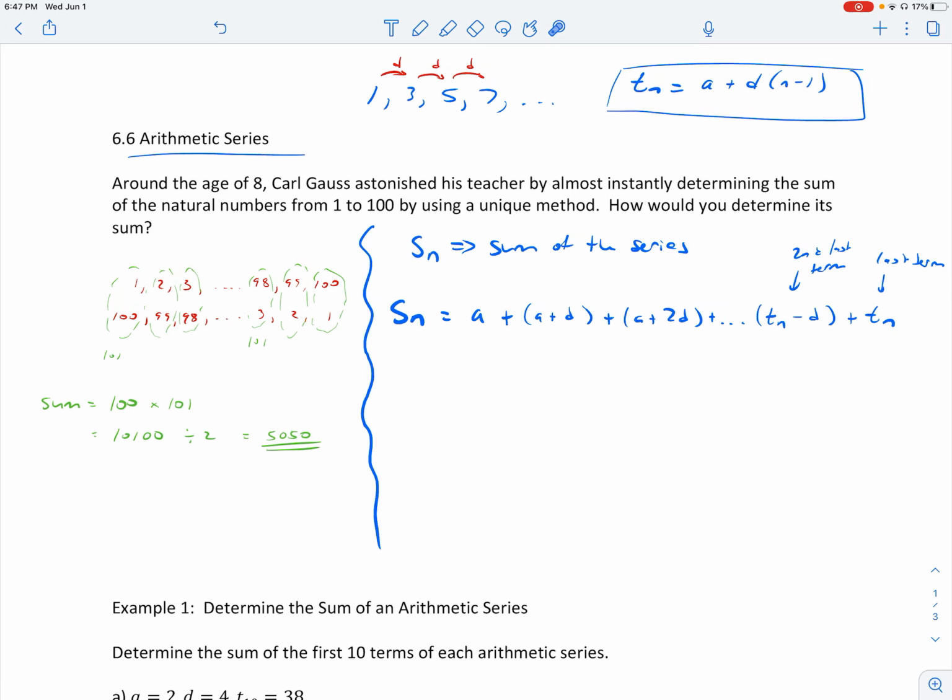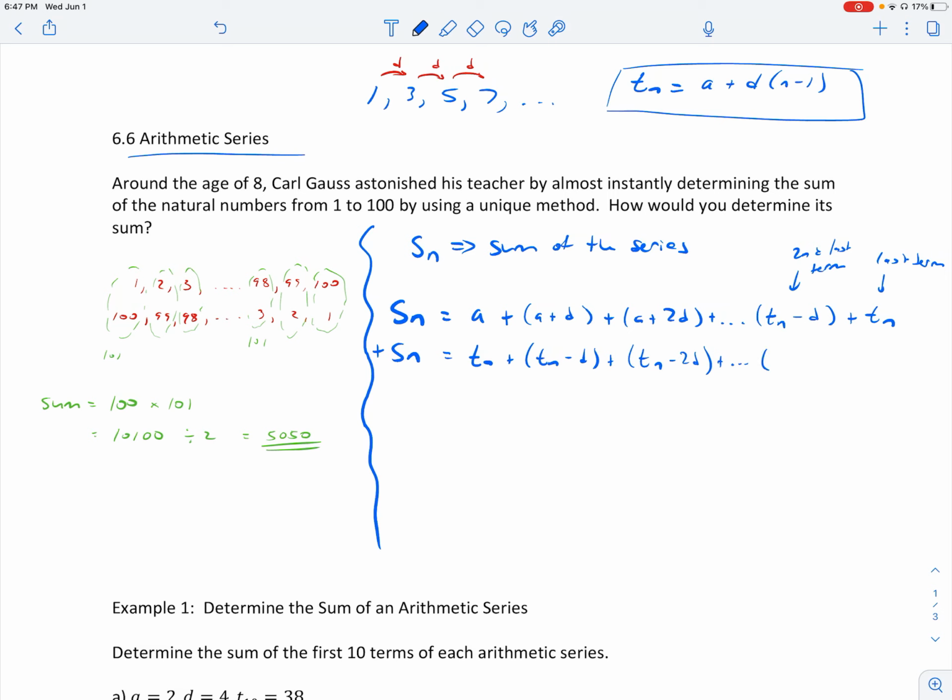So if we take Gauss's approach, and if we add a whole nother set of this again, but we're going to put this in the reverse order. So starting from the last term, and then we have the second last term, and then the third last term. So this one we'd have to take away two d's. Okay, you guys get the idea.